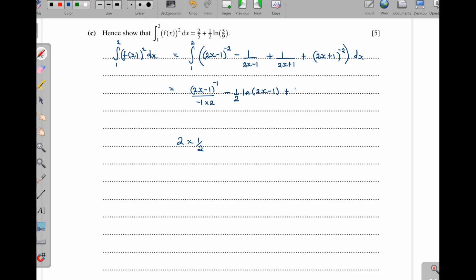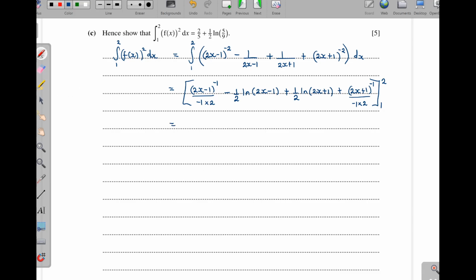So we shall also have a half here, then the natural log of 2x plus 1. And then here, increase the power by 1. We get a negative 1. Divide by that new power, but then times the derivative of what is inside here, because that one comes from the chain rule in differentiation. So that is that. Then we can put our limits. We have 2 and then a 1.